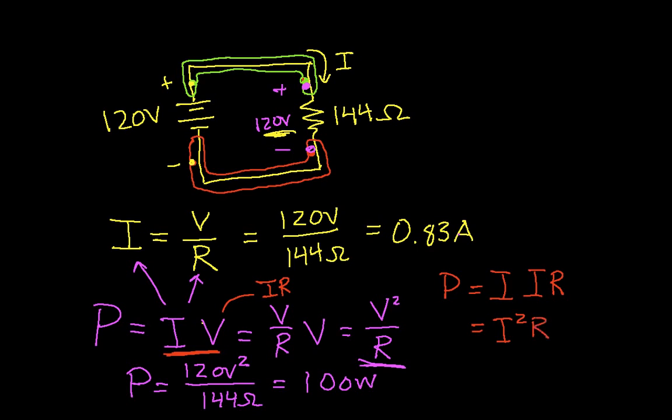Okay, so again, the power in my light bulb is I squared, which is 0.83 squared times 144. And I'll actually work that out and make sure I get the right answer, because it's always sort of nice when things work out.